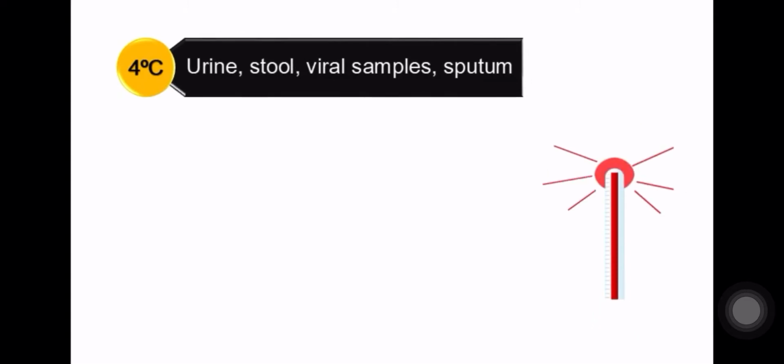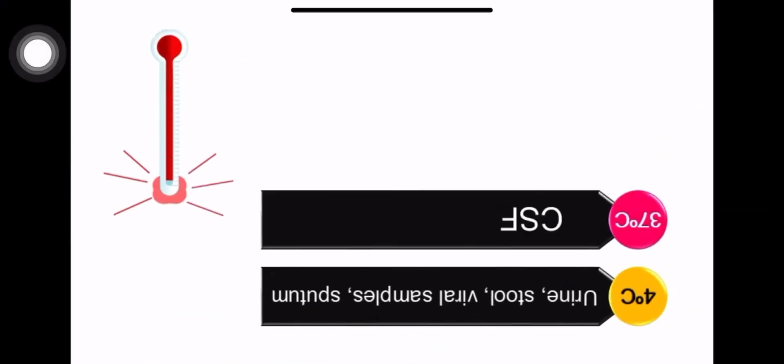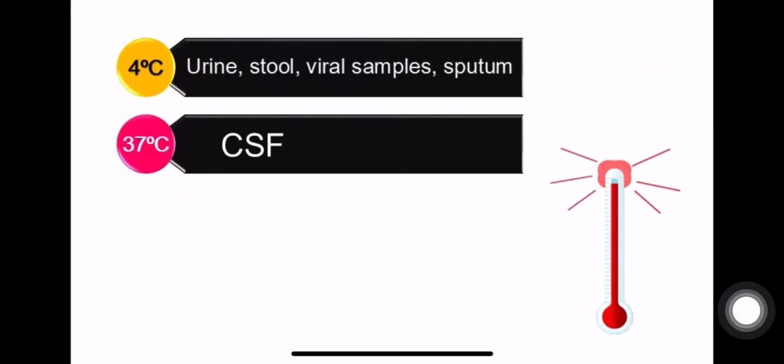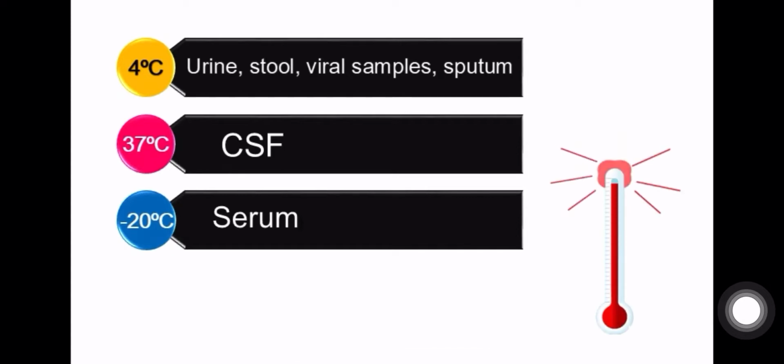Let's go to the specimen storage temperature for microbiology. Remember 4 degrees Celsius for urine, stool, viral samples, and sputum. 37 degrees Celsius is used for CSF. -20 degrees Celsius for serum.